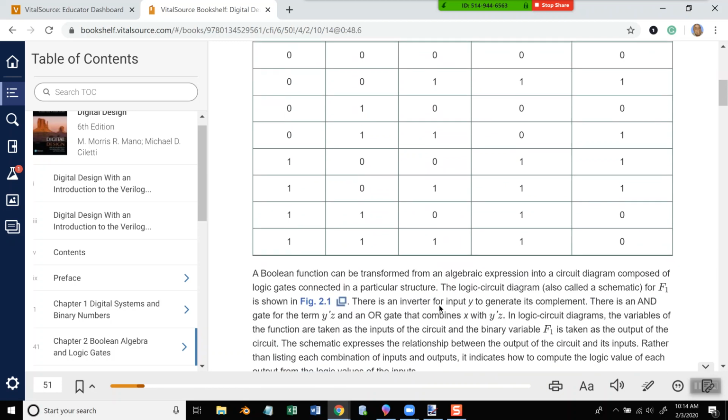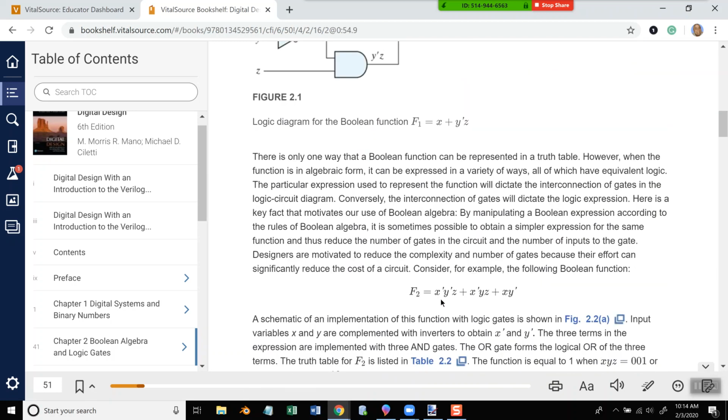Okay, the F2 that they're referring to is this one down here. So it'll take a few more columns to get this. I won't show that.